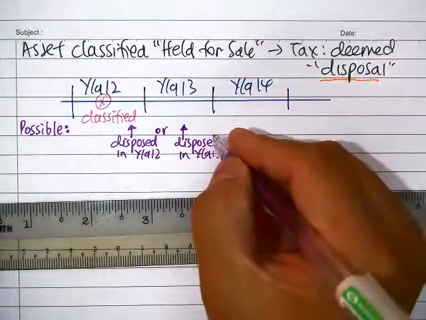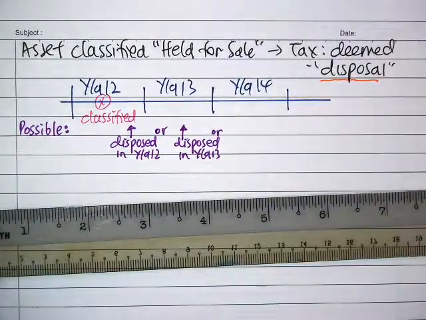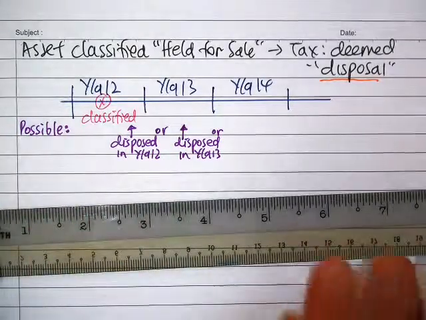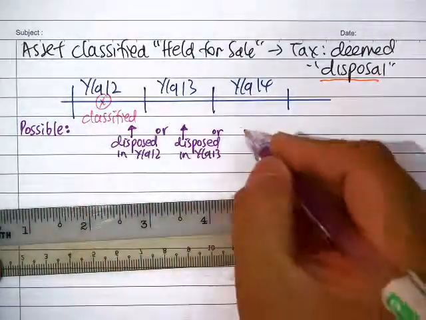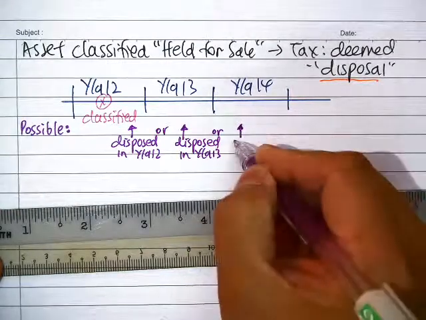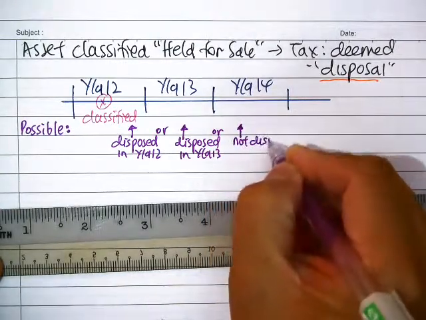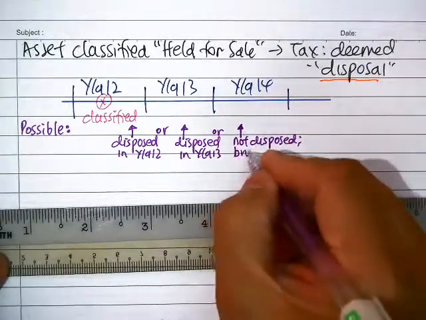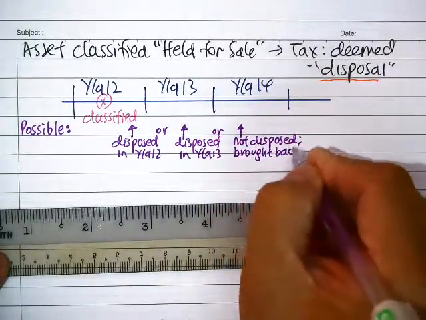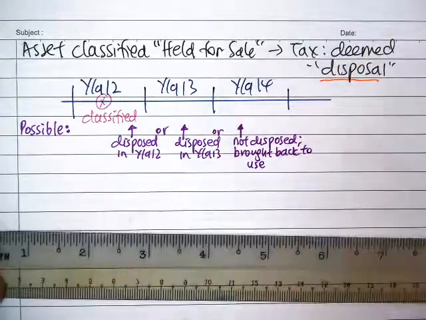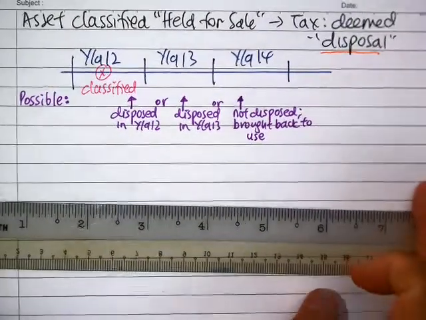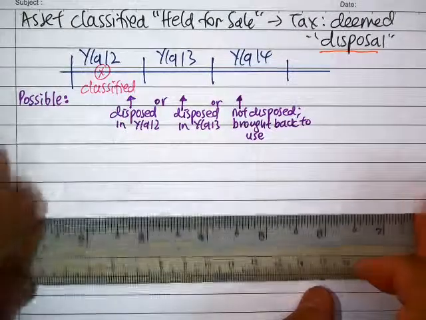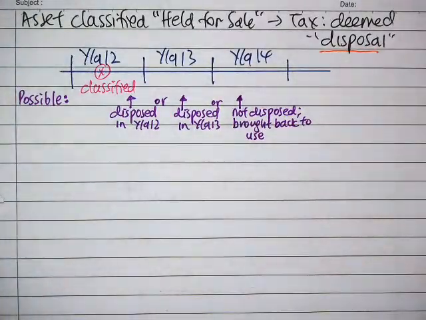Another possibility is you can change your mind and never dispose. So you classify it, it was not disposed, and the asset is brought back to use.